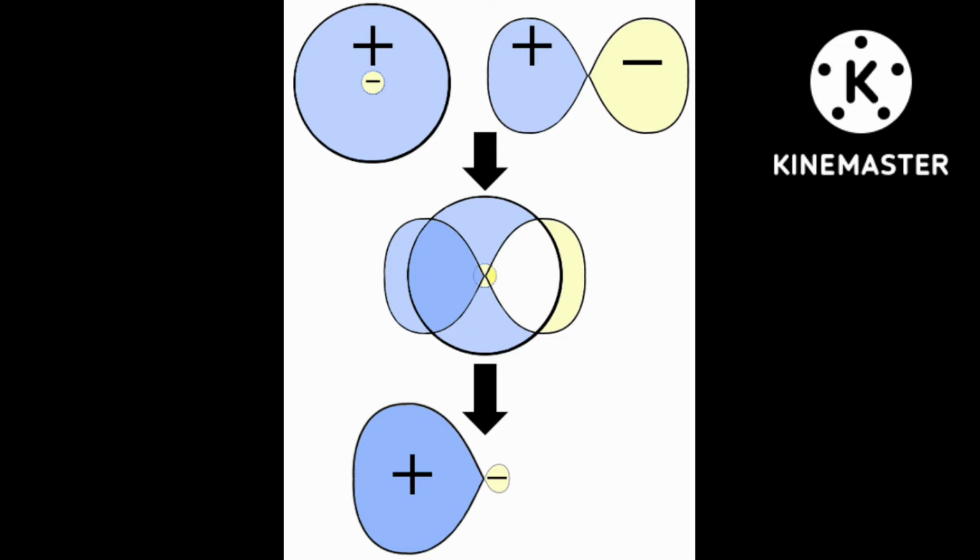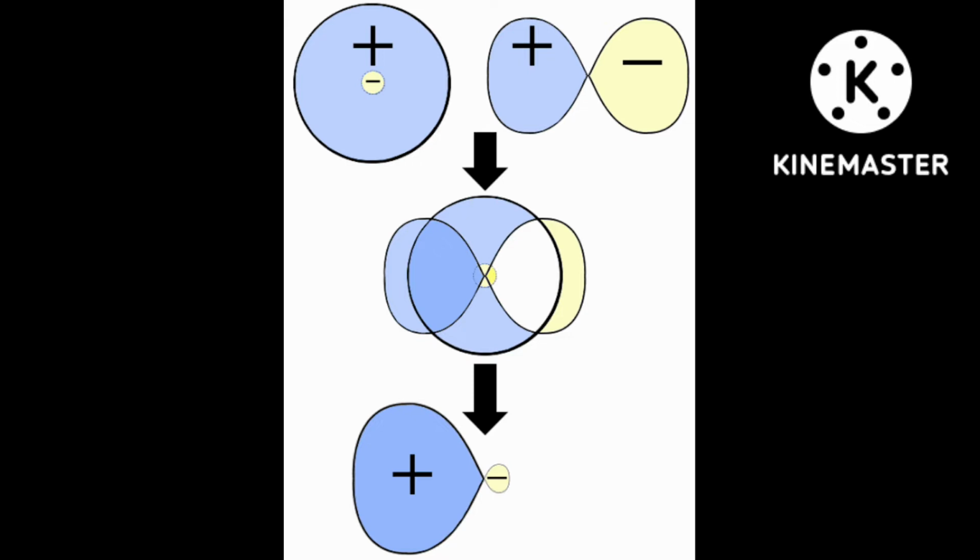Sometimes three orbitals will mix: one s orbital and two p orbitals. Then they will mix and make three new orbitals. That is called a hybrid orbital, in the same number but of equivalent energy.